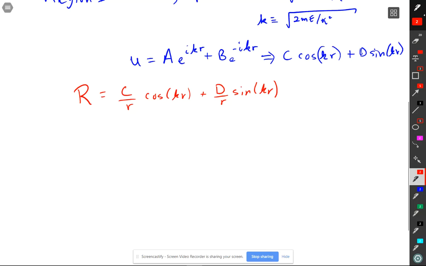Now we have some restrictions on our wave functions. Tell me, what are restrictions on our wave functions?